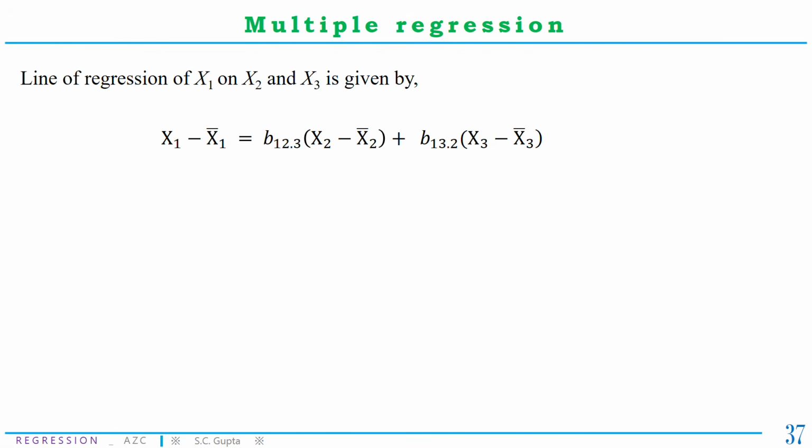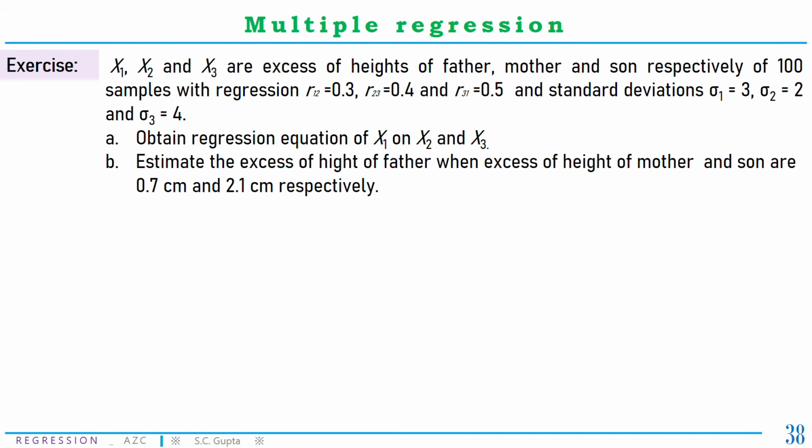Line of regression of x1 on x2 and x3 is given by x1 minus x1 bar is equal to b1 2.3 into x2 minus x2 bar plus b1 3.2 into x3 minus x3 bar. Exercise. x1, x2, and x3 are excess of heights of father, mother, and son respectively.